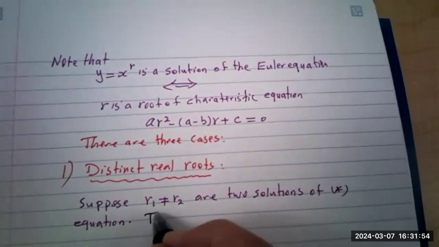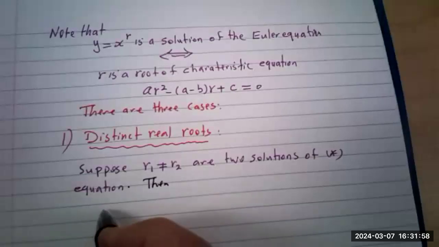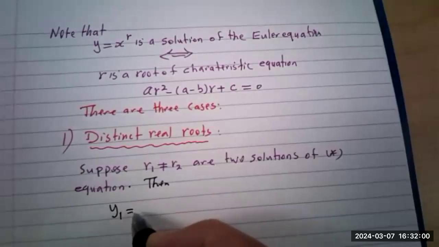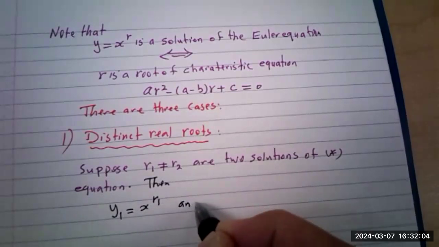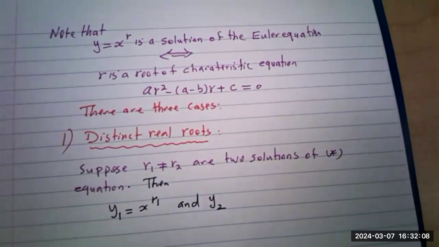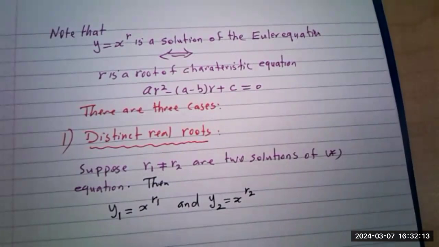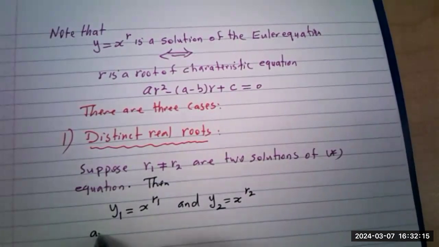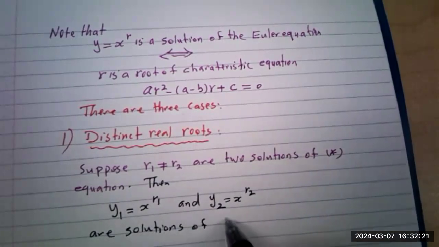If this is the case, you have two solutions, y1 equals x to the r1 and y2 equals x to the r2. These are going to be our solutions of the differential equation.